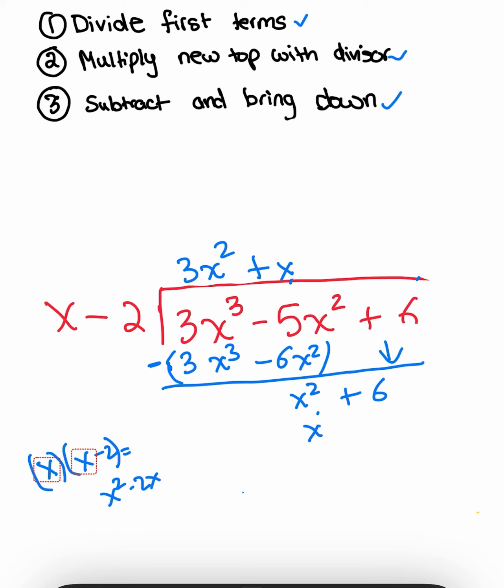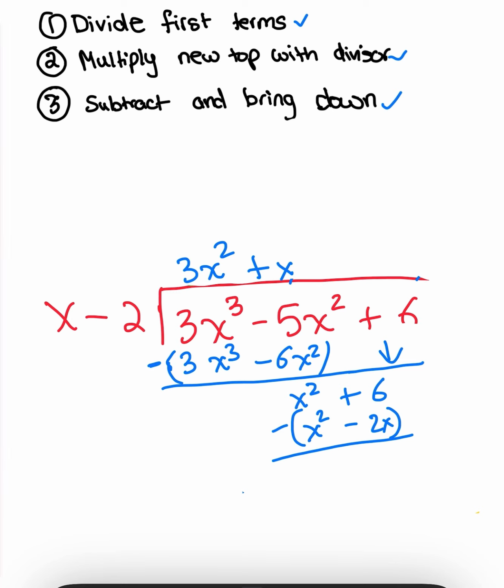I put that over here, put brackets around it, and a minus sign in front, and I solve it. So 6 minus negative 2x is the same as 6 plus 2x. And then x squared minus x squared is just 0.